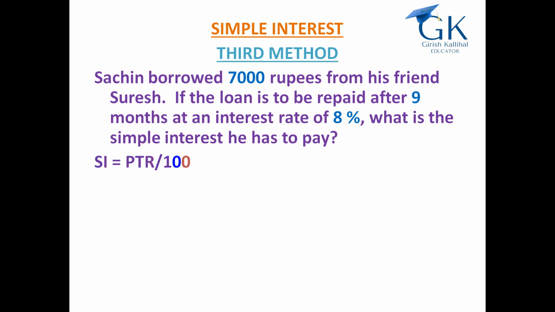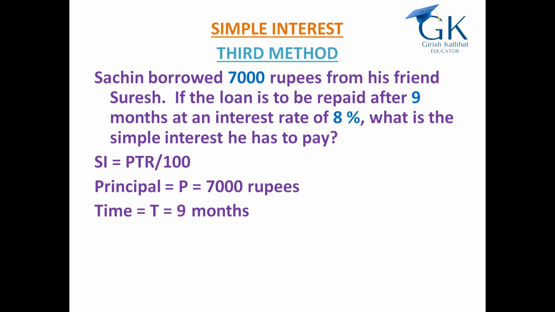And we already know the simple interest formula, which is SI is equal to PTR divided by 100. So in the problem, they have given principal amount P is equal to 7,000 rupees, and they have given the time frame in months, that is T is equal to 9 months. The first thing is we should convert this months into years because the rate of interest will be in years.